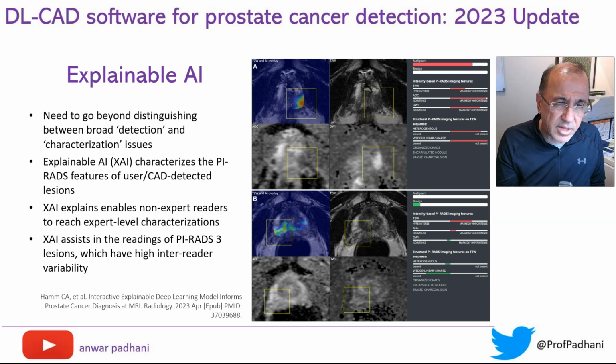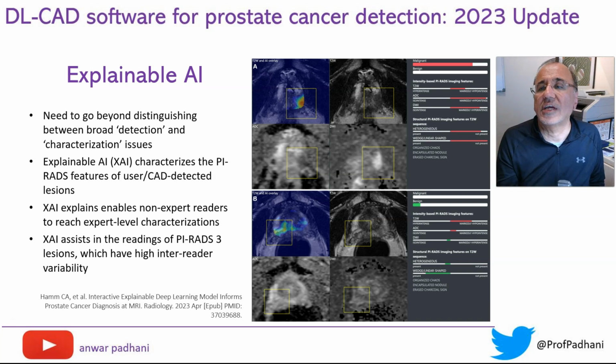So explainable AI goes beyond the broad issues of detection and characterization, but actually by putting a boundary box on a lesion that you might see, the explainable AI tells you what the lesion might be in terms of PIRADS classification system.